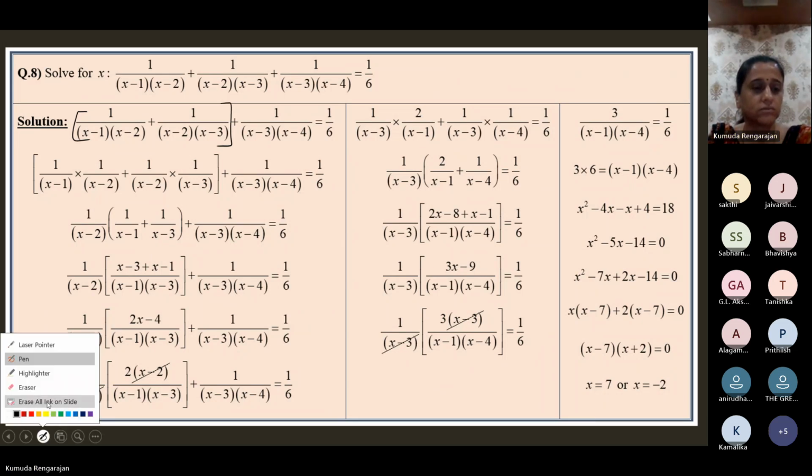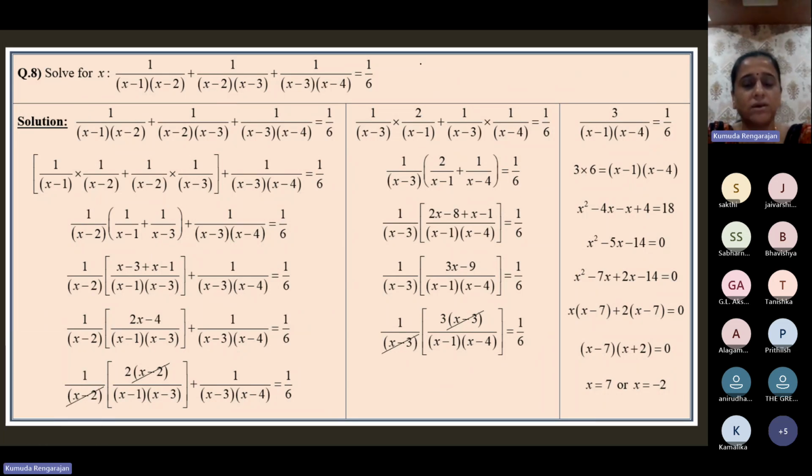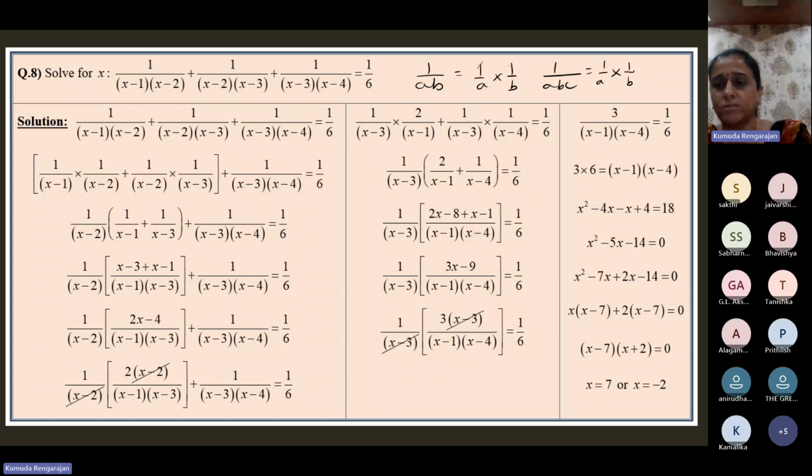Now, what do you mean by 1 by AB? It's 1 by A into 1 by B, because 1 into 1 is 1, A into B is AB. What is 1 by ABC? It is 1 by A into 1 by B into 1 by C, because 1 into 1 into 1 is 1, A into B into C is ABC.